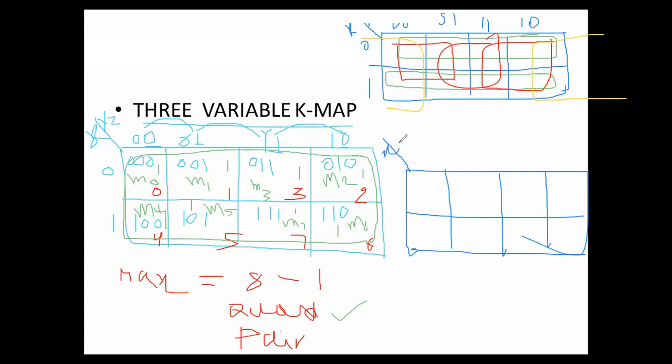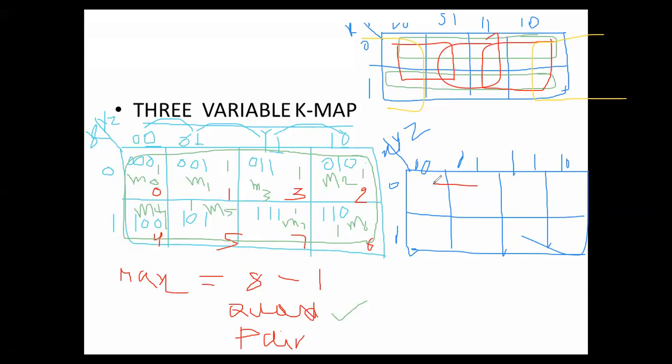We group adjacent ones only. Here 0, 1; 0, 0; 0, 1, 1, 1; 1, 0.